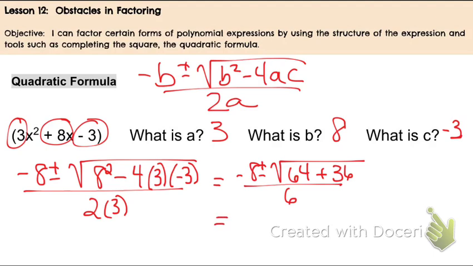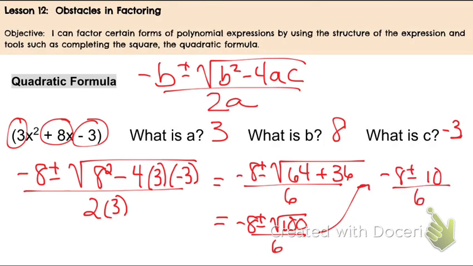So that becomes negative 8 plus or minus the square root of 100 over 6, which becomes negative 8 plus or minus 10, because the square root of 100 is just 10, over 6. So what we have here is negative 8 plus 10, which is 2 over 6, which is 1/3 for one solution.